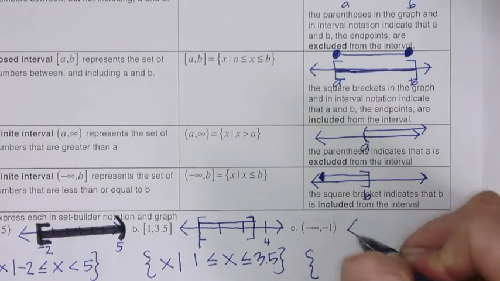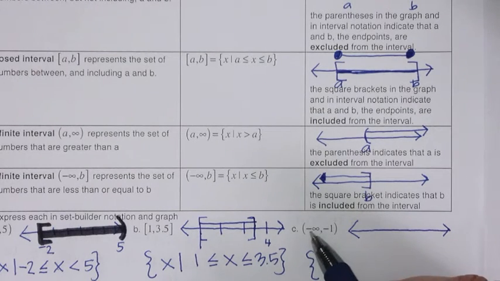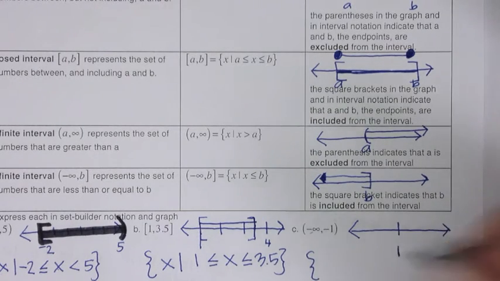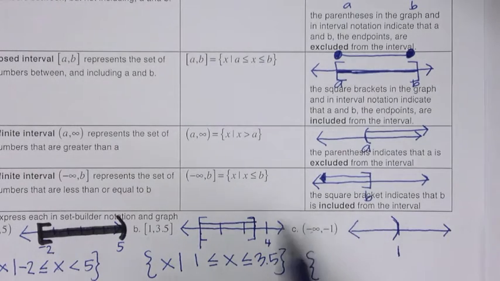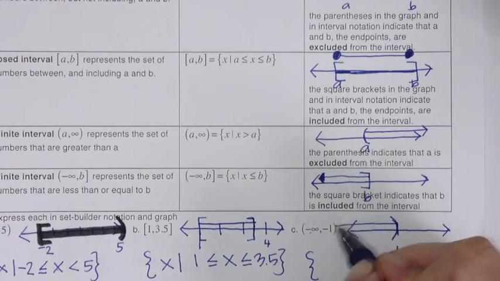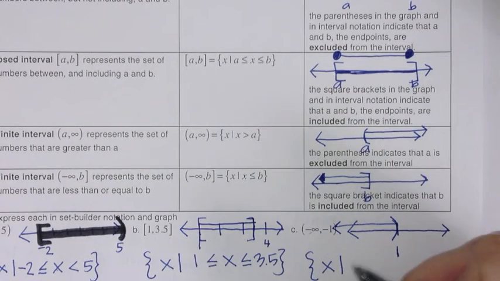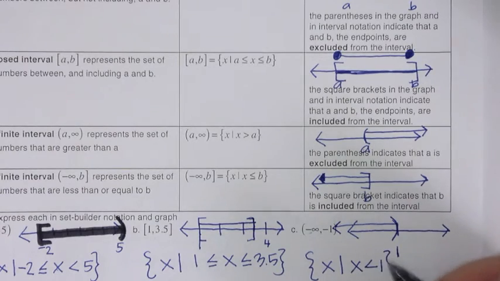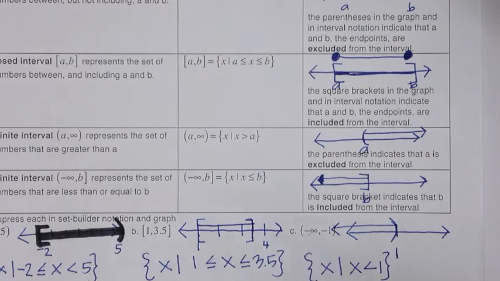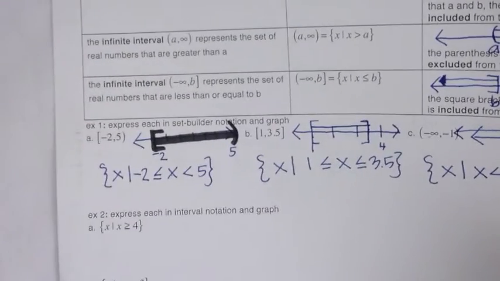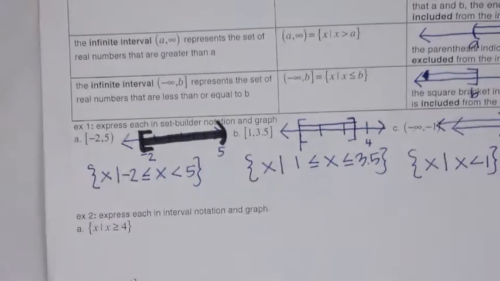So this one is saying your solution set is all the numbers from -infinity all the way to +1, but don't include +1. So -infinity is way over here. So really what this is saying in set builder notation, another way to write this is x is less than 1.